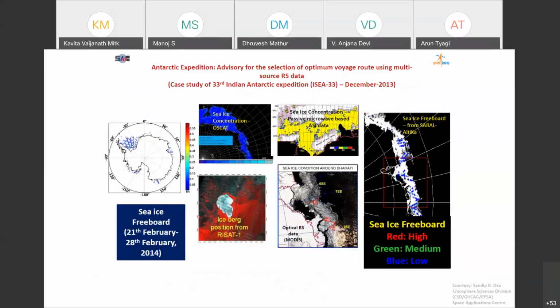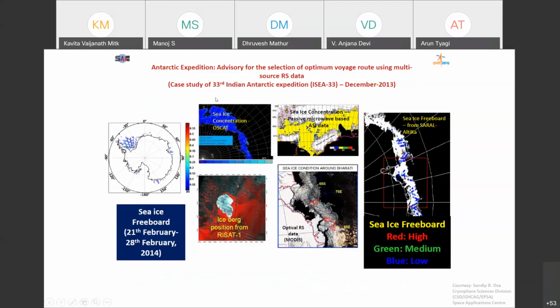All these parameters that we are deriving are useful for finally preparing the sea ice advisory, or you can say the optimum voyage route that is followed by the expeditioners.